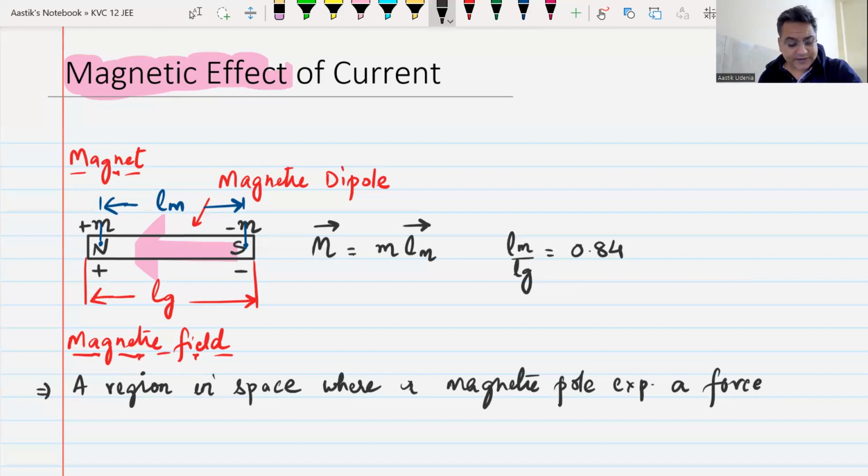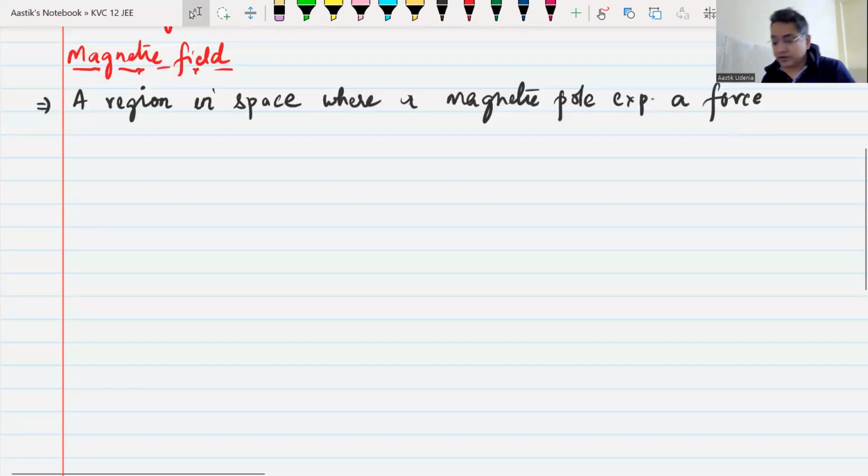Now, how strong is that magnetic field? We call it strength of magnetic field or magnetic field intensity.